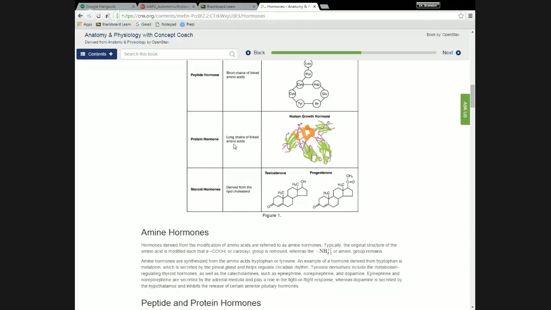And so you can surround the lipid-soluble hormones with the hydrophobic amino acids in protein, and then protect all of that from the water surrounding it with the hydrophilic amino acids. The most common transport protein is called albumin.